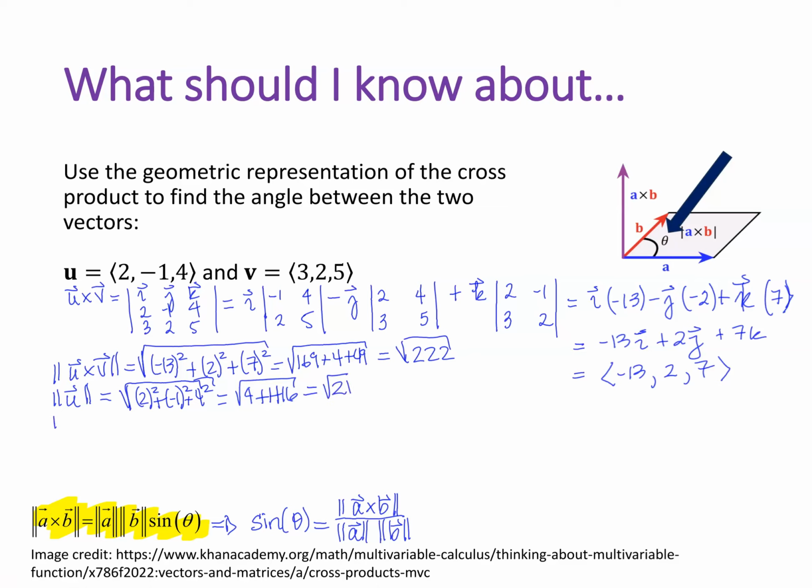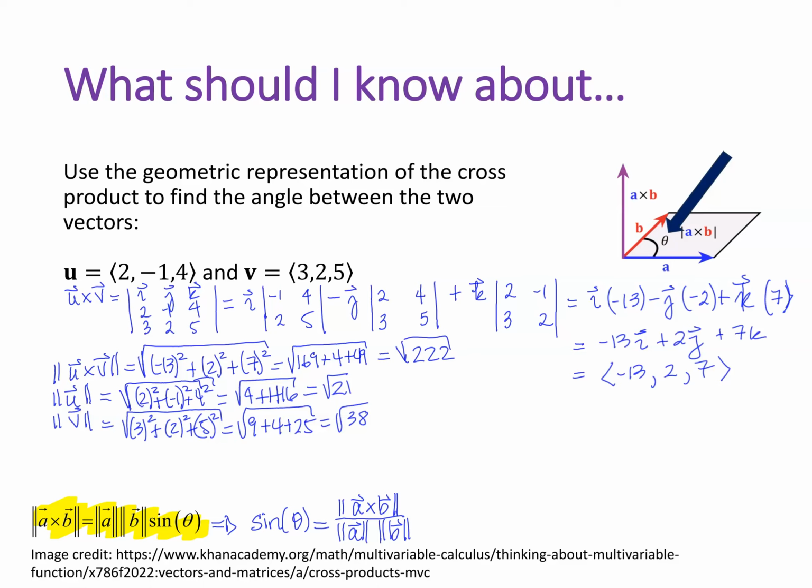We need the magnitude of vector v, and that's going to be the square root of 3 squared plus 2 squared plus 5 squared, which is the square root of 9 plus 4 plus 25, and that ends up giving us the square root of 38. So I have all the pieces.